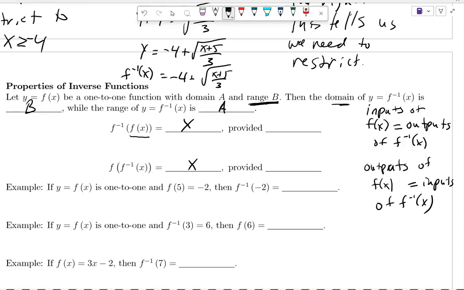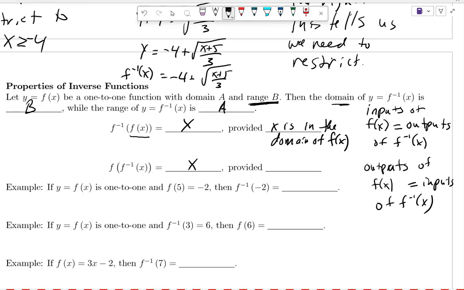Looking at this part here, where does X go in first? Does it go into the inverse function first or the original function first? The original, right? So this is provided that your X is in the domain of f of X. If it's not in the domain, you can't do it. So what I mean by that is, if your original function were the square root of X, you couldn't put negative numbers in it.